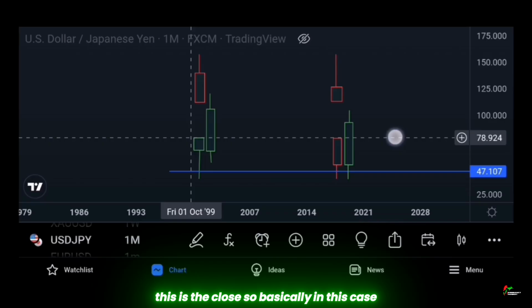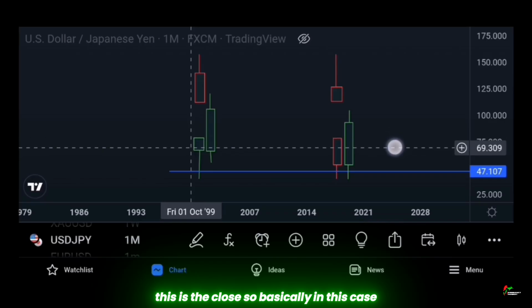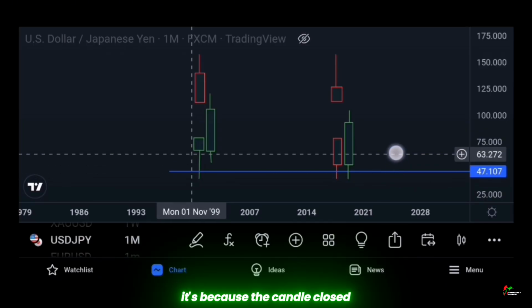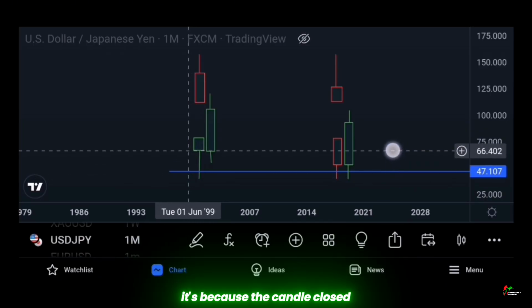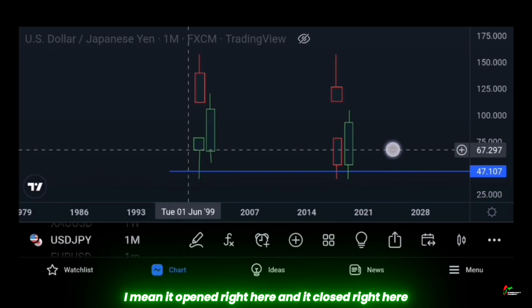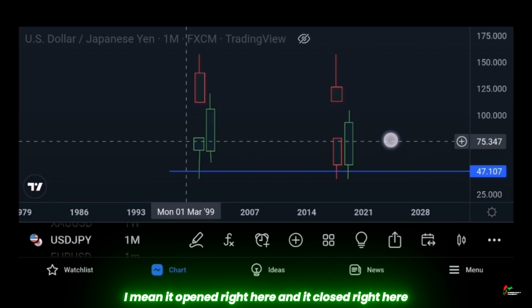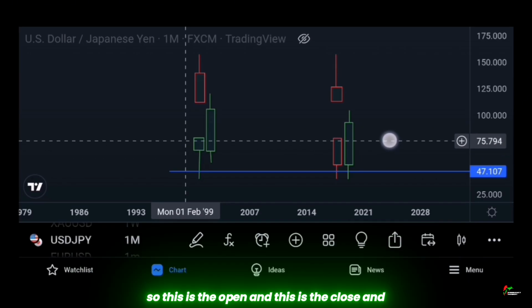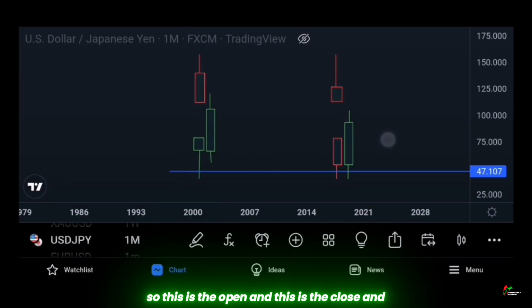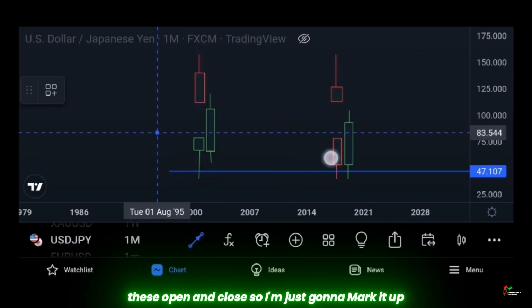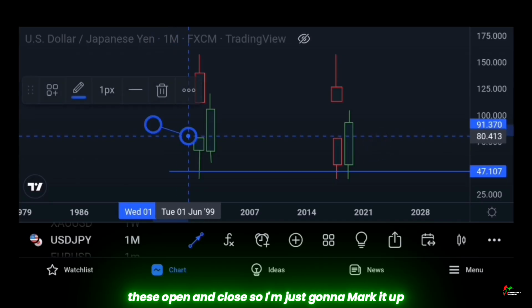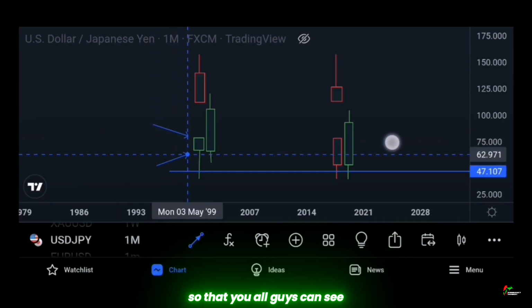The reason you see wicks is that the candle opened right here and closed right here. So this is the open and this is the close. I'm just going to mark it up so that you guys can see.